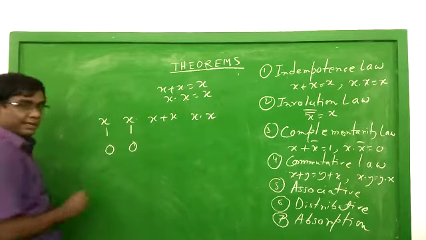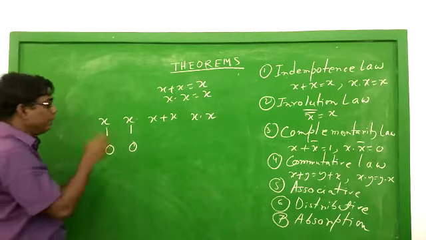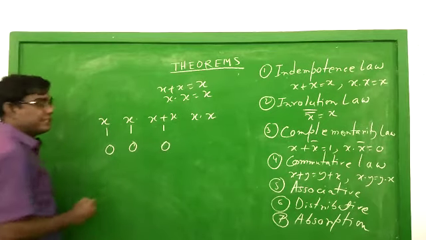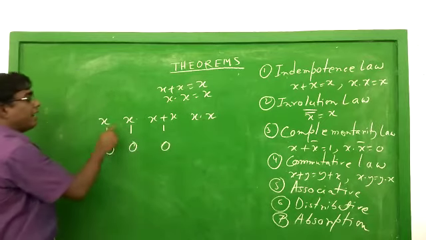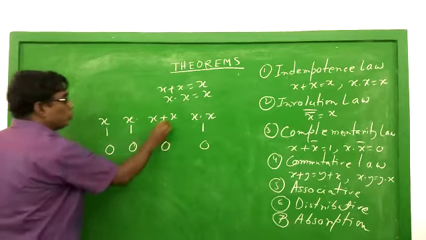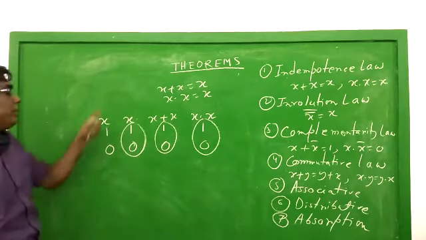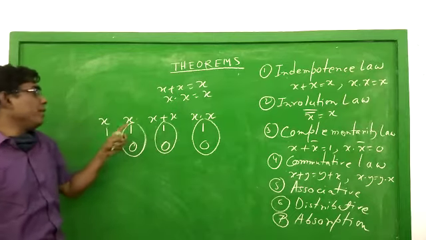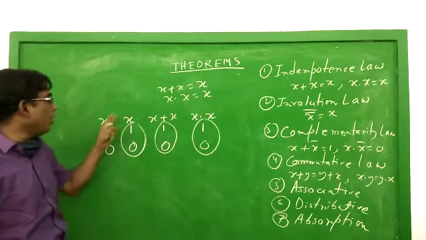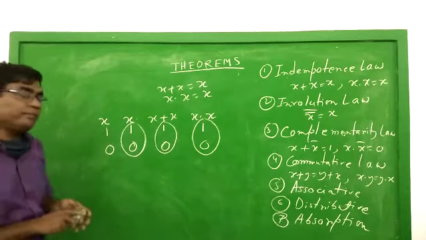Now x or x: if we get only 1 in the input, the output is 1. This is 1 and this is 0. X and x: 1 and 1, we get 1; 0 and 0, we get 0. This means the truth values of all three are the same. So we can prove x or x equal to x and x and x equal to x. So this is idempotence law.